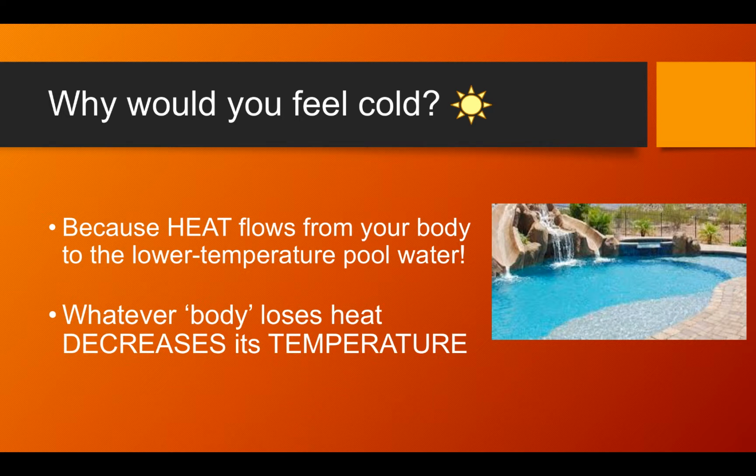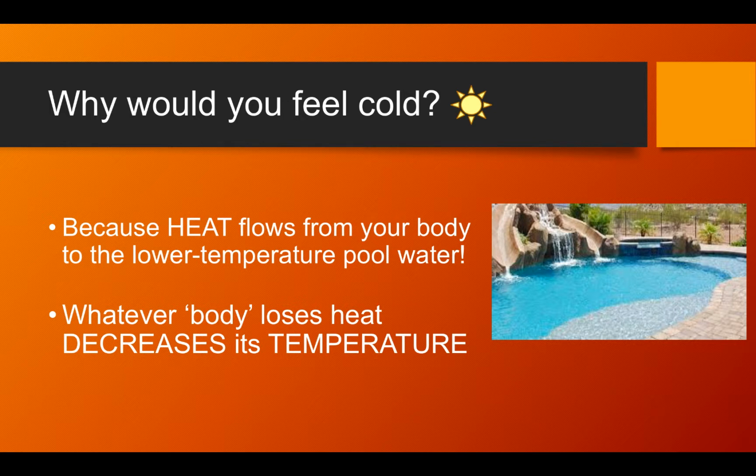We know that heat flows from your body to the lower temperature pool water. Remember, your body is about 98.6 degrees or 37 degrees Celsius. And the water in the pool is certainly not going to be 98 degrees. Or at least most likely it's not going to be, unless it's a hot tub.